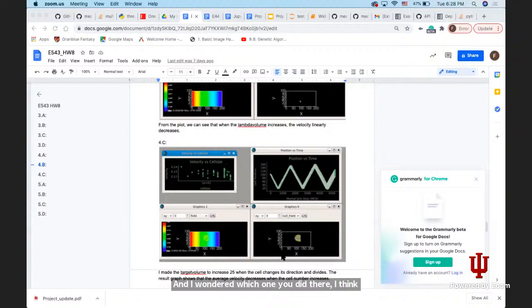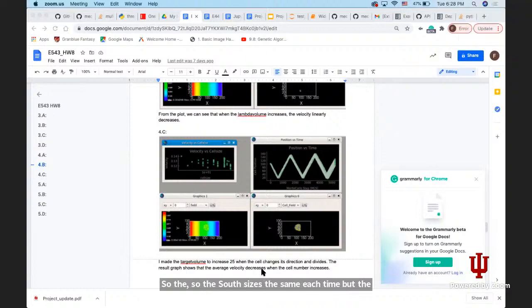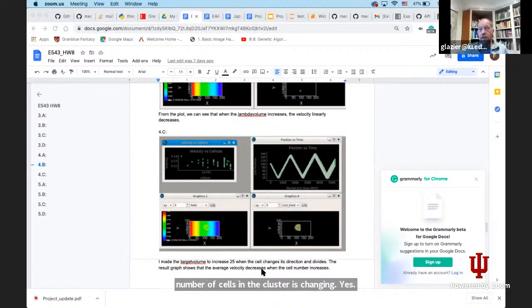I think the second one, like I make the cluster bigger and bigger by increasing the target volume by 25 when the cells try to divide. So the cell size is the same each time, but the number of cells in the cluster is changing. Yes. Okay. And so in that case, I might expect that to have a relatively weak effect on the chemotaxis.